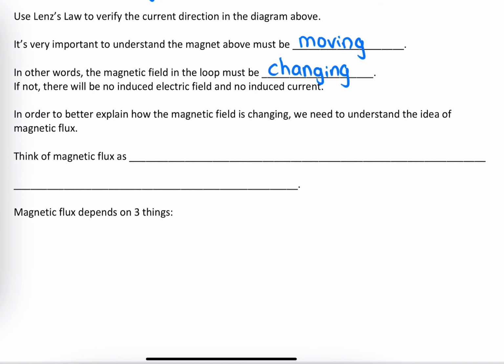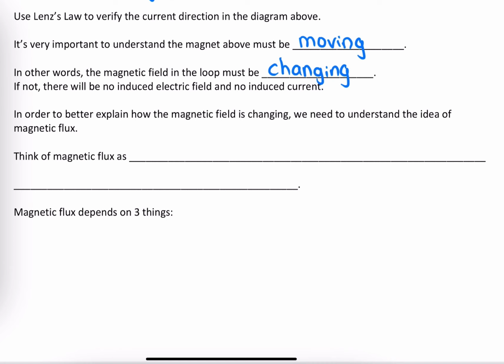Now, in order to better understand how this magnetic field is changing, we need to understand the idea of magnetic flux. And before I give you a definition, I want to give you a description of how I think about flux that might help you understand what it is.